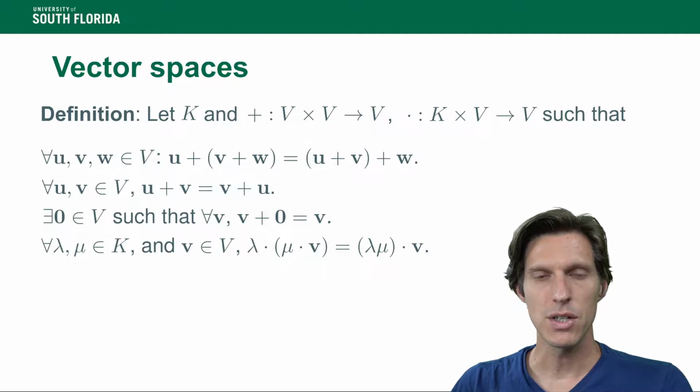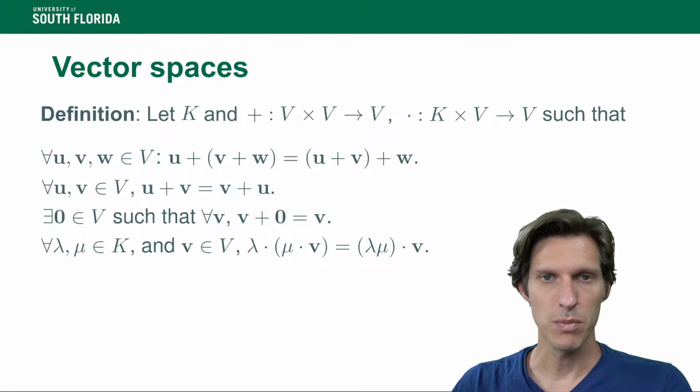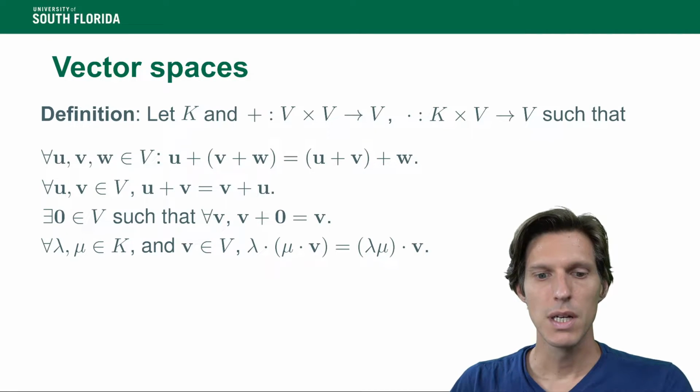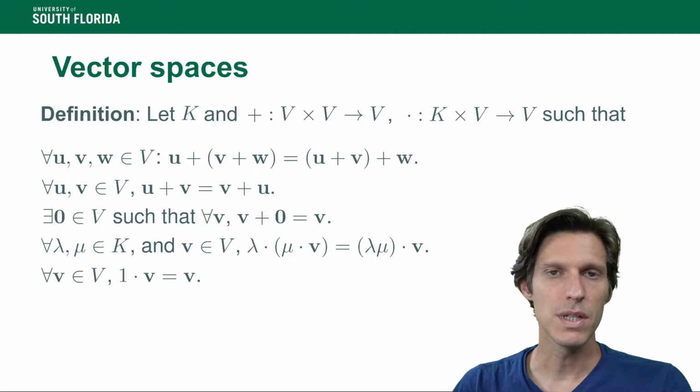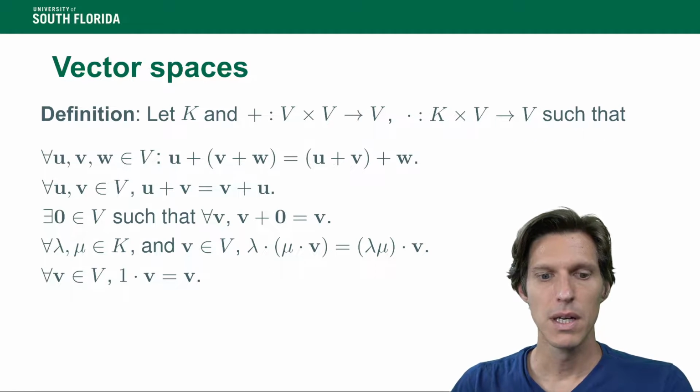In addition, the external multiplication, the scalar multiplication, needs to satisfy that whenever we multiply lambda by mu times v, it's the same as if we multiply lambda times mu to the vector v. And also, the neutral element acts trivially.